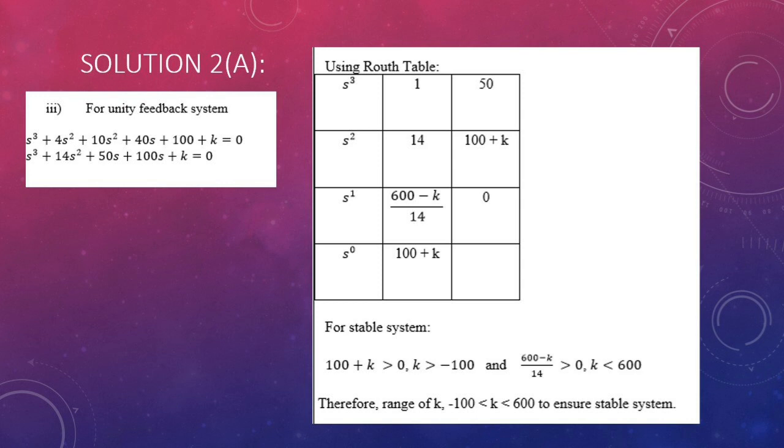By solving this Routh table, we can find the range of K to ensure a stable system, and the range of K is -10 less than K less than 600.